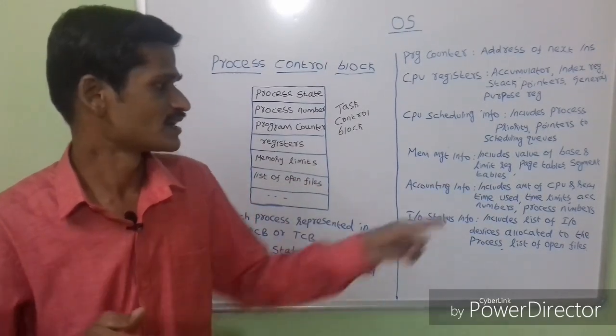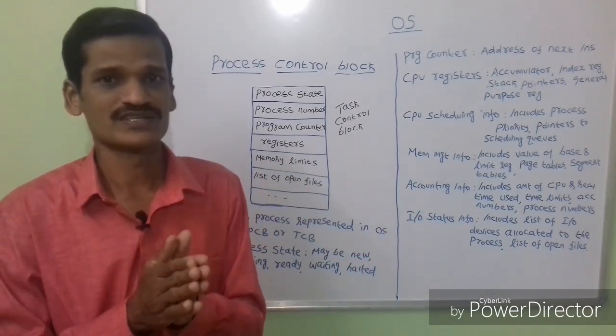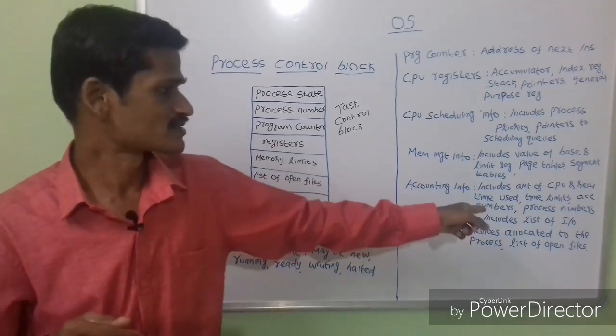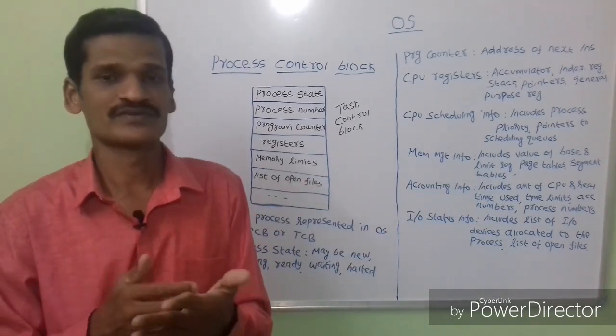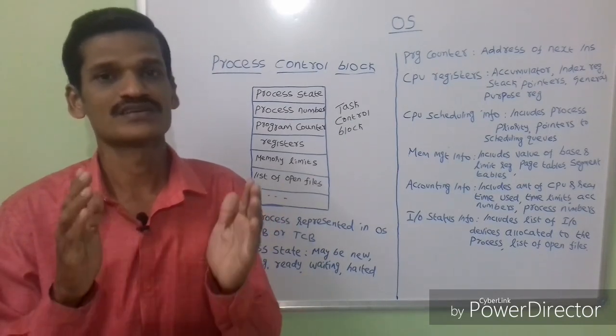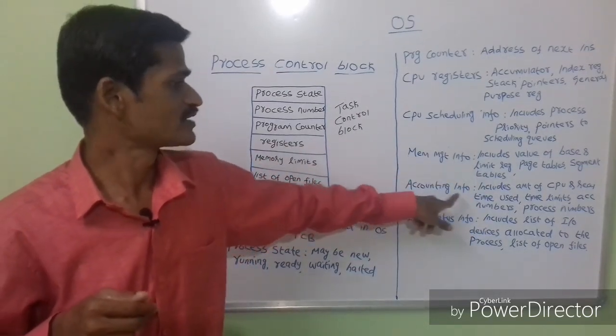Then account numbers: we have several accounts, and each account should be indicated by a number. And process numbers: we have several processes, so we indicate each process by a number. These are the important parameters in accounting information.